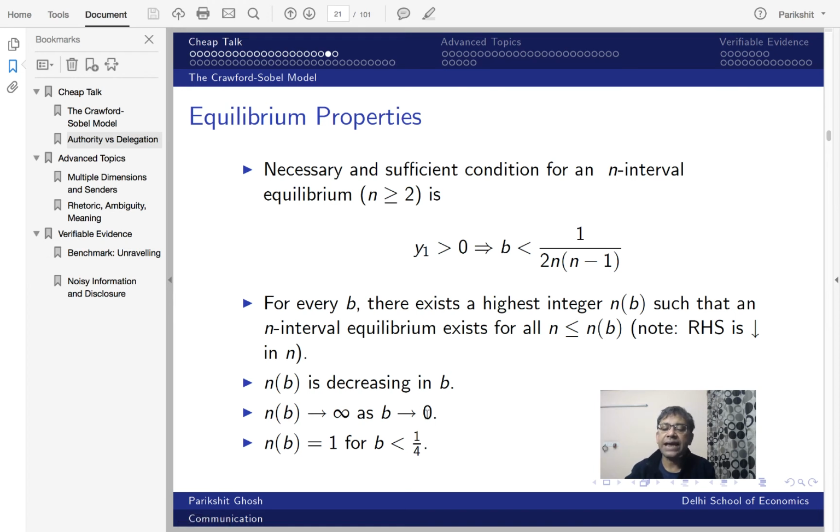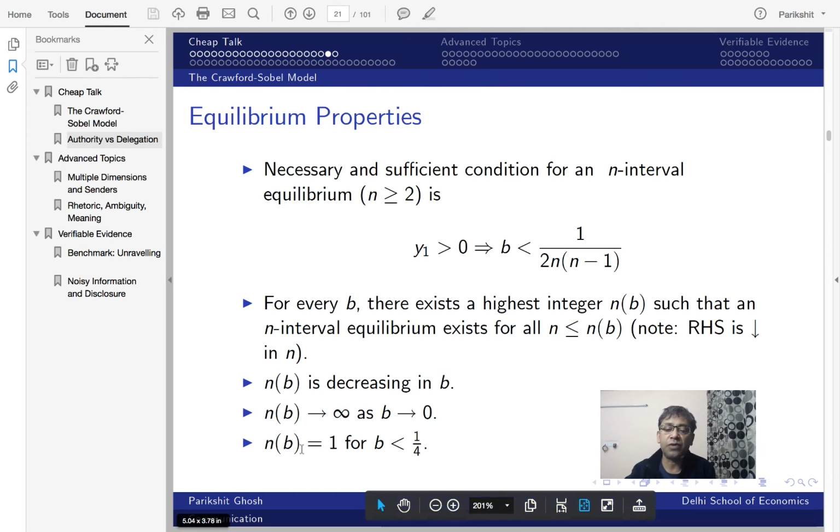As the bias tends towards 0, the highest integer will approach infinity. It will still be a finite number, but it will become very, very large, because the limit of this as n goes towards infinity is also 0. And n of b equal to 1, when is the highest number of intervals possible just 1, which means babbling, right?